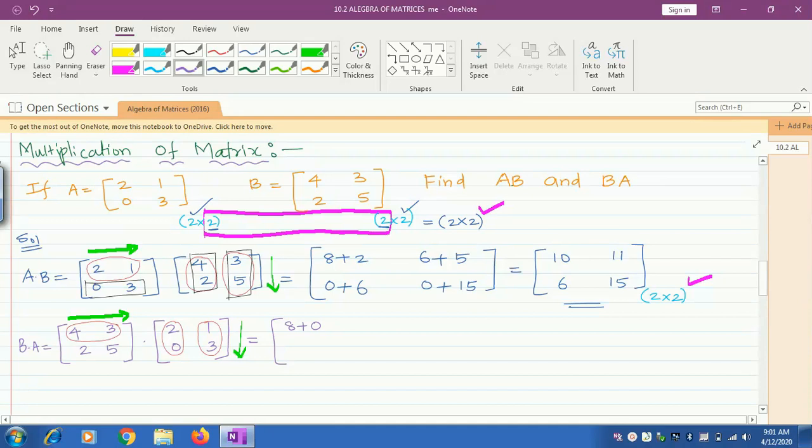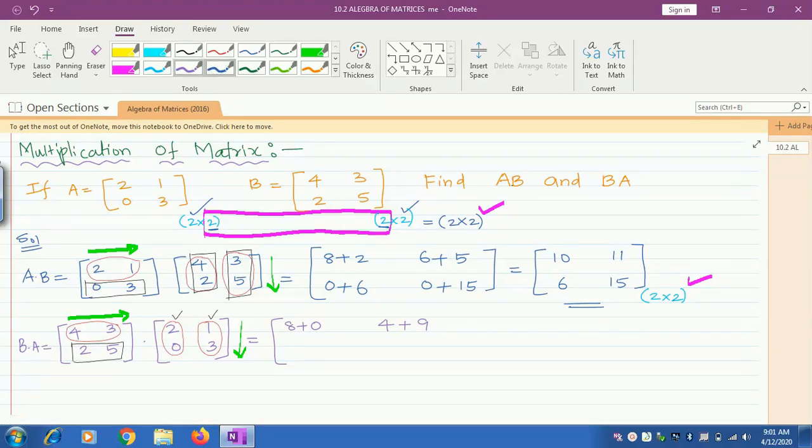This first is over. The next one, 4 into 1, 4, plus 3 into 3, which is 9. This is over. The next one, you have to take the second row and multiply with each column, right? The same columns you have to multiply.